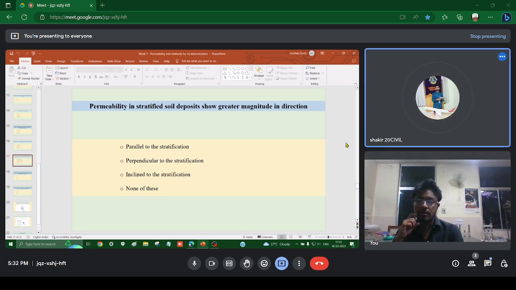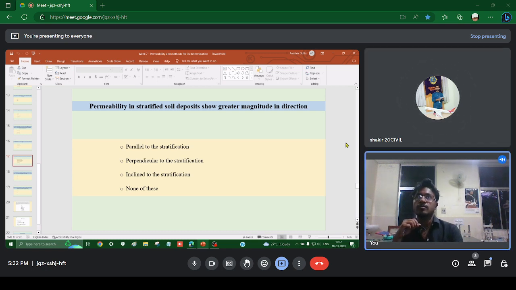Yes, sir. So in stratified soil deposits, where there is more than one kind of layer with different thickness and different value of coefficient of permeability K, in which direction will the permeability be greater in magnitude? The options are parallel to stratification, perpendicular to stratification, inclined to stratification, or none of these.